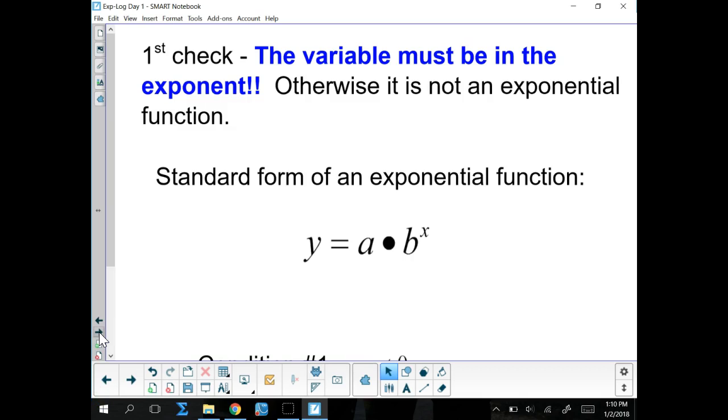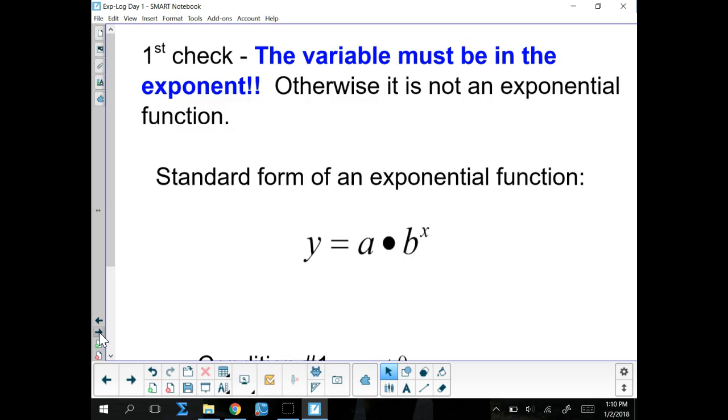Okay? So, the first check that you need to make to determine if a function is exponential or not is to look at where the variable is. If it's an exponential function, the variable has to be in the exponent spot. Has to.